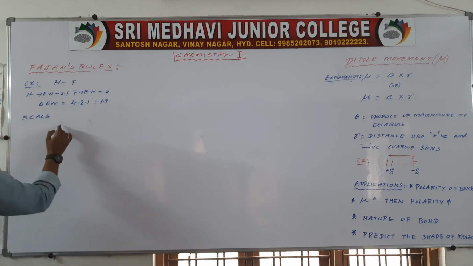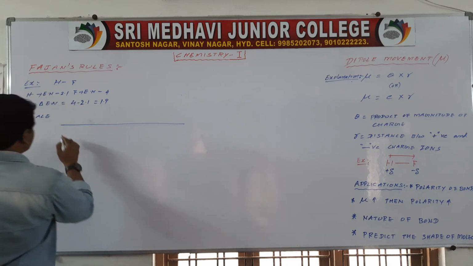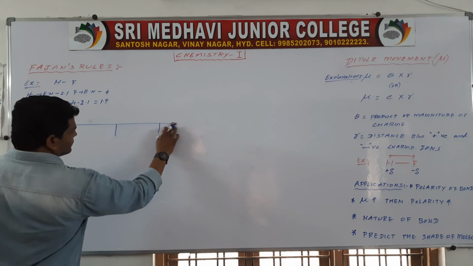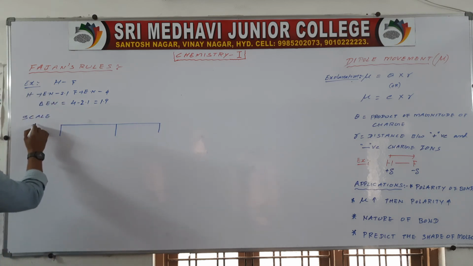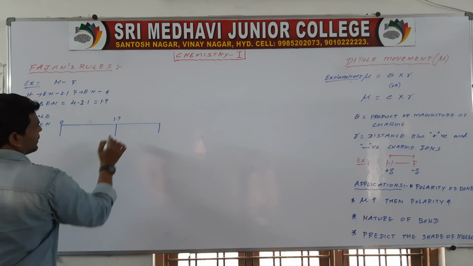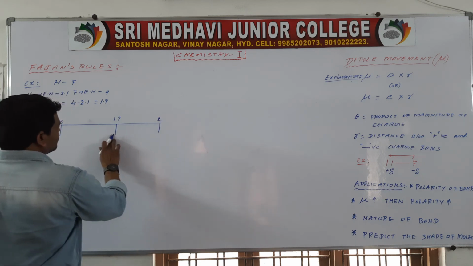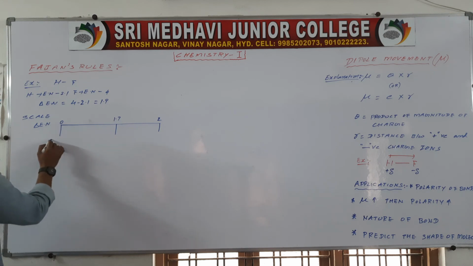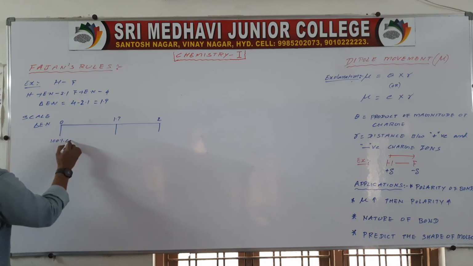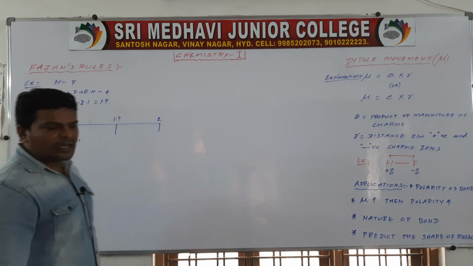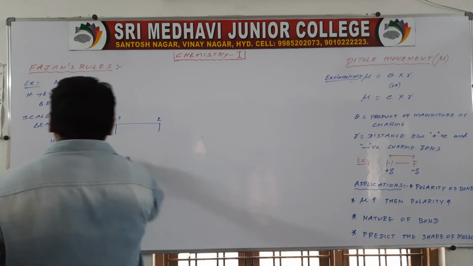This is the scale. I am taking the difference in electronegativity as 0, 1.7, 2. If the electronegativity difference is 0, it is 100% covalent.